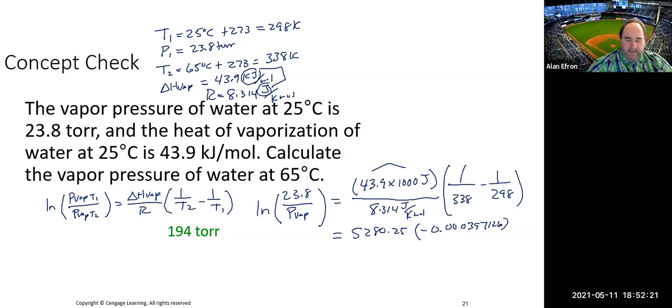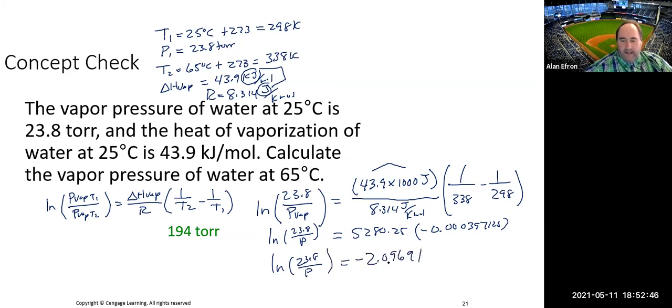Then multiplying those guys together, 5280.25 times that, gives me the natural log. By the way, this still equals natural log of 23.8 over P. The natural log of 23.8 over my vapor pressure will equal minus 2.09691.